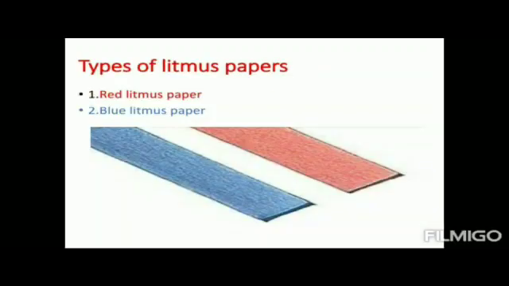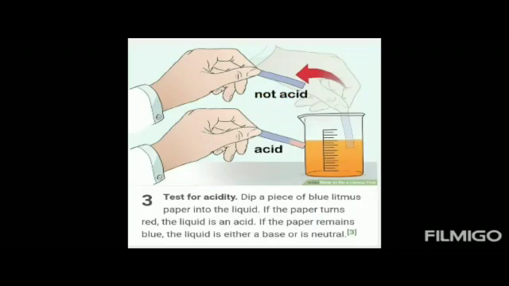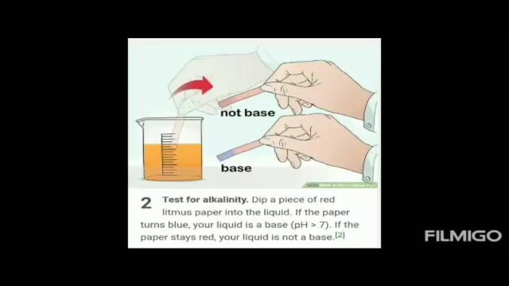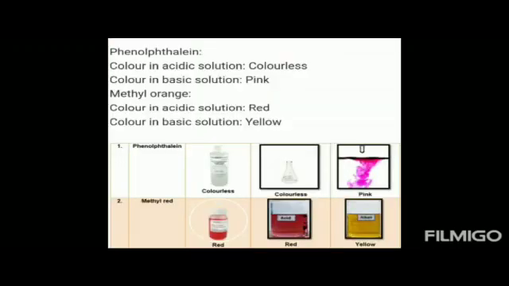Litmus paper. We have two types of litmus paper. They are red litmus paper and blue litmus paper. Acid turns blue litmus red and bases turn red litmus blue. Methyl orange. It is an artificial indicator. When methyl orange is added to any acidic substance, it turns red.